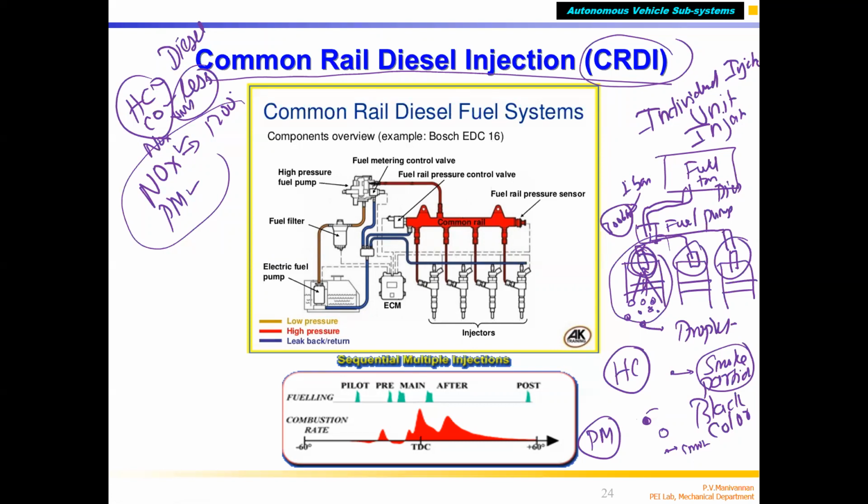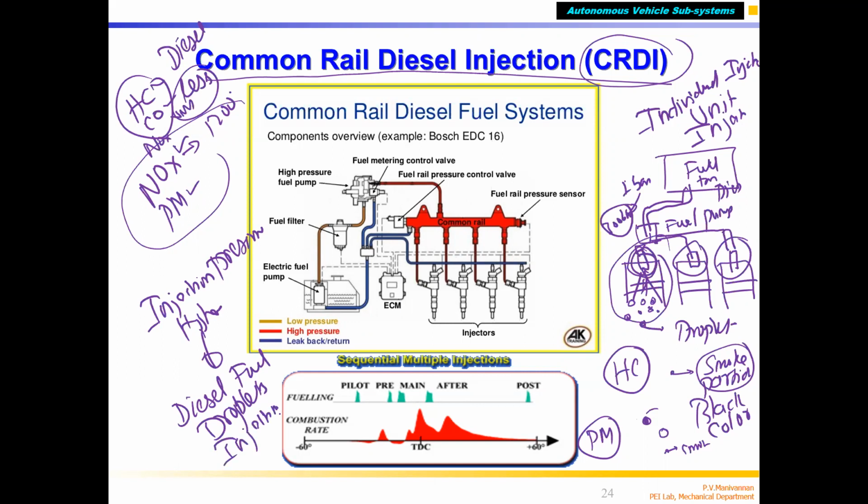If the injection pressure is higher, the diesel fuel droplets injected into the combustion chamber will be smaller in diameter. That's why we are using 1500 bar now, and in many new CRDi engine cars they are going to 2000 bar, so very fine droplets.